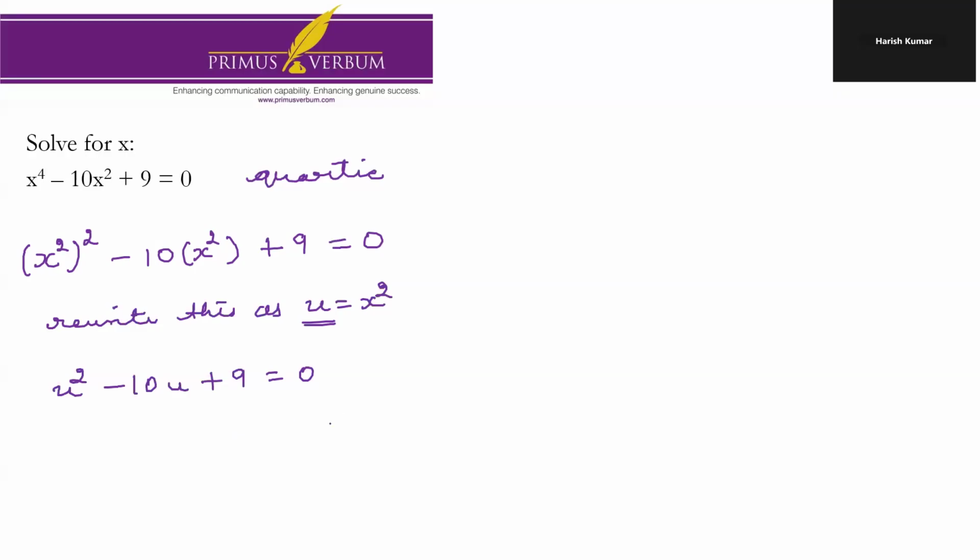So the two numbers are going to be minus 9 and minus 1. Then we would get u square minus 9u minus u plus 9 equal to 0. Now let's factorize this.